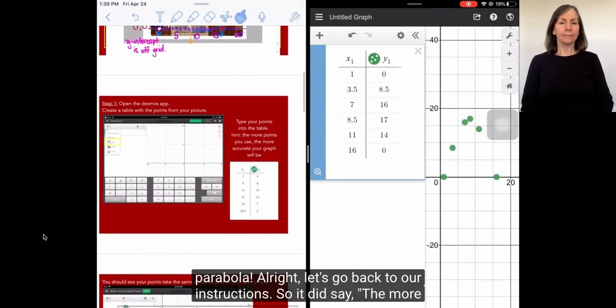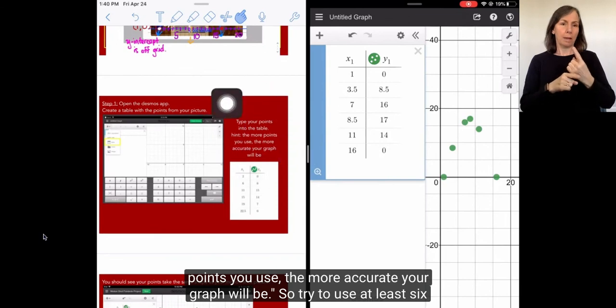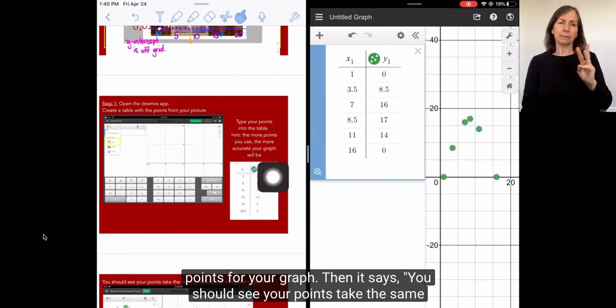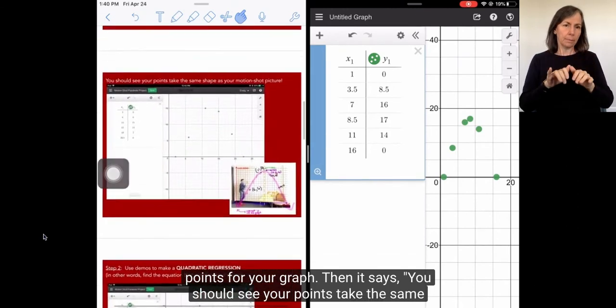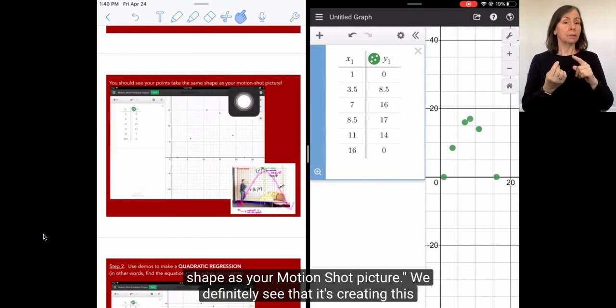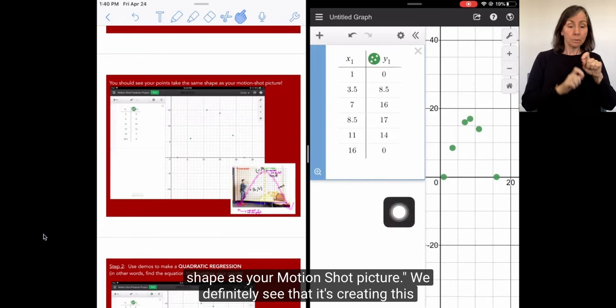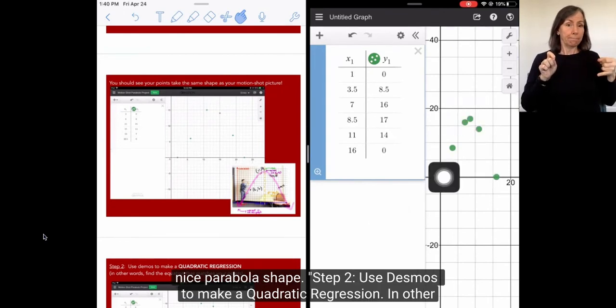So it did say the more points you use, the more accurate your graph will be. So try to use at least 6 points for your graph. Then it says, you should see your points take the same shape as your motion shot picture. We definitely see that it's creating this nice parabola shape.